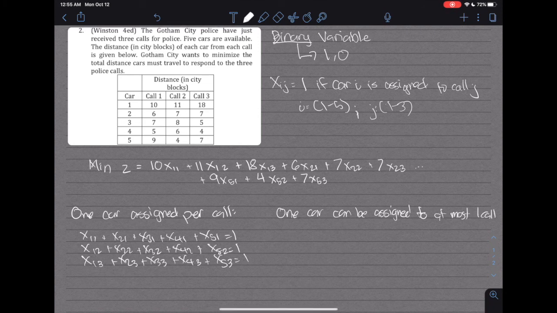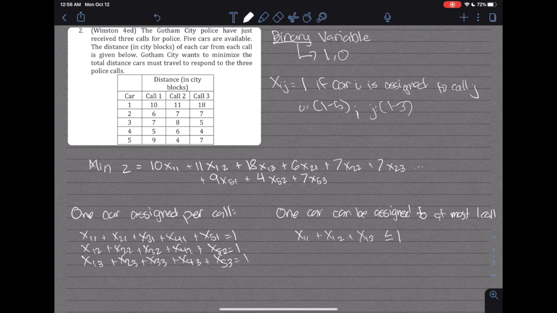We say at most because it's possible that a car may not be assigned to a call since there are more cars than calls. To denote this, car 1 can be assigned to call 1, or car 1 can be assigned to call 2, or to call 3. The maximum value is 1, so that each car will only be assigned one call, or it can have a value of 0, which means the right-hand side should be less than or equal to 1.